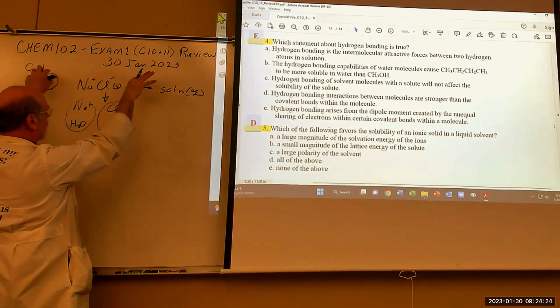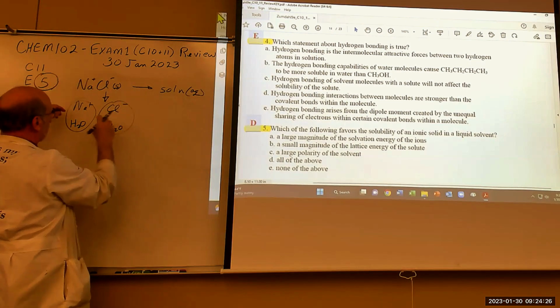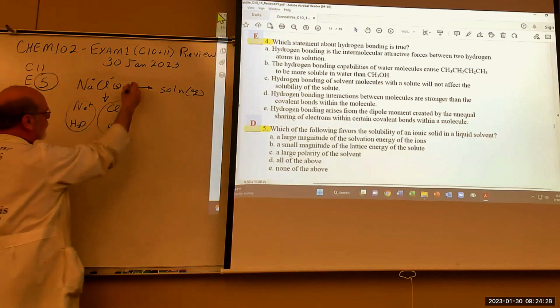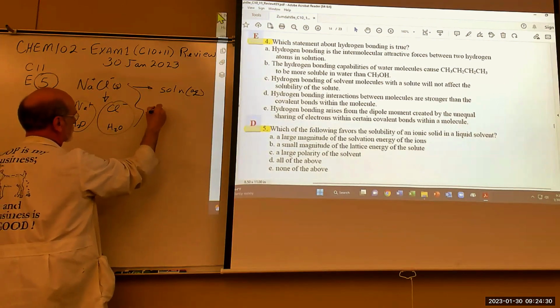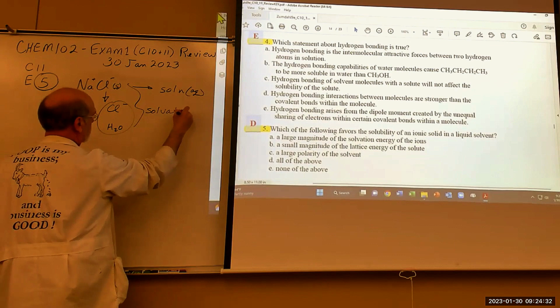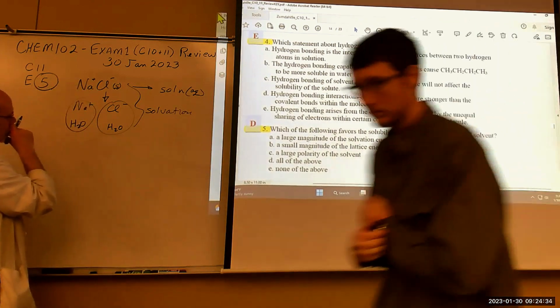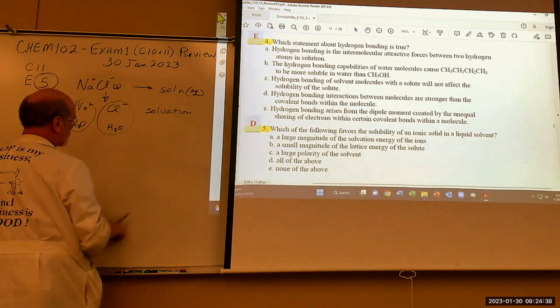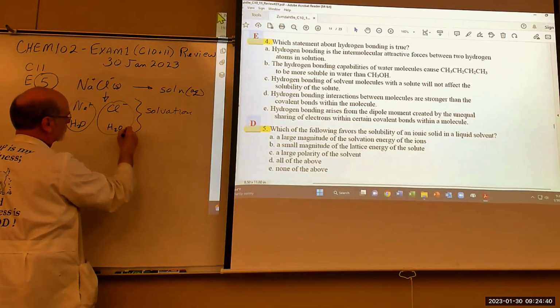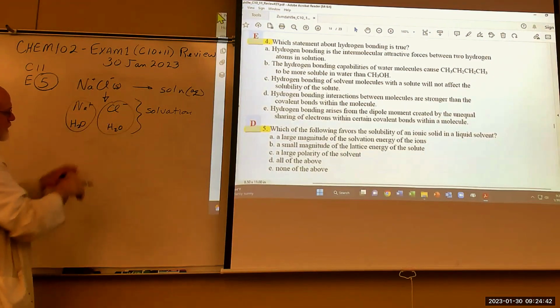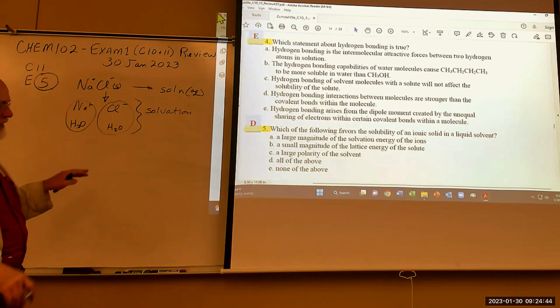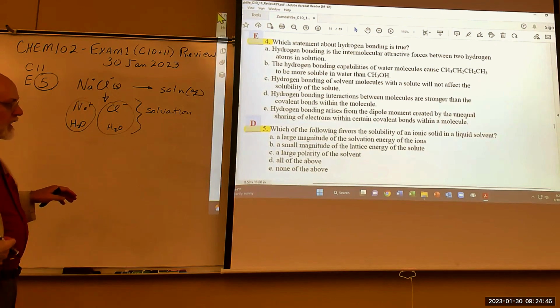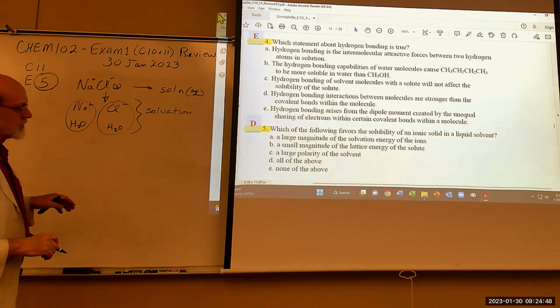You got to break that bond apart, and then you got to form these. So the net there is solvation. No, that's not right. Solvation is this one, where you form the bonds with the solvent. That's solvation energy.